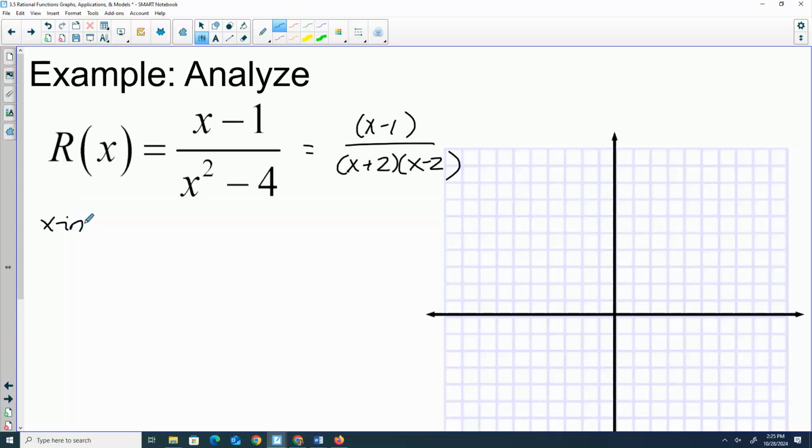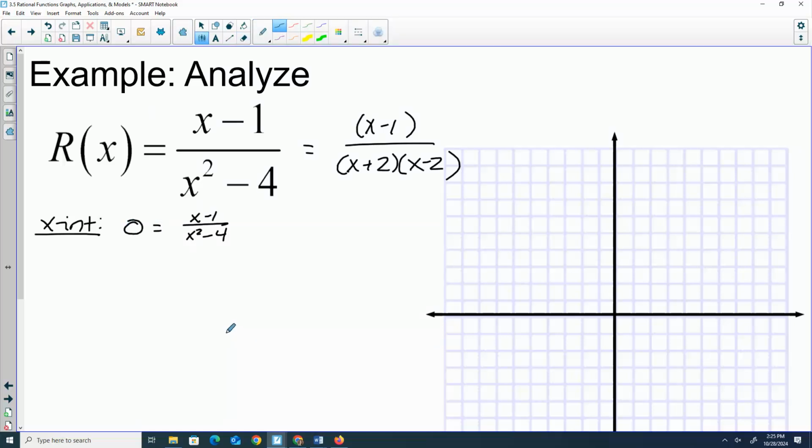X-intercepts. Okay, we did intercepts with lines. How do we find an x-intercept? It's when your y is equal to 0. R of x is like my y. It does not matter if you use the original or your factored one. Either one's going to give you the same thing. If I just went with my original, we said we're going to replace our y with a 0.